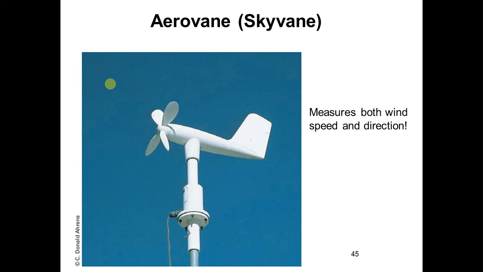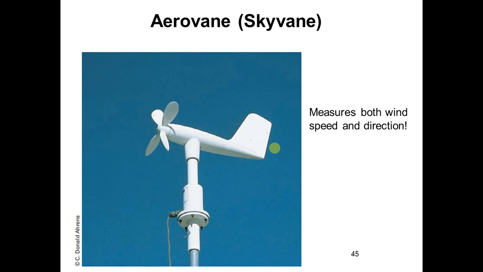It consists of a bladed propeller here that rotates at a rate proportional to the wind speed, like the cup anemometer. Its streamlined shape and a vertical fin help keep the blades facing into the wind. And when it's attached to a recorder that transmits information to a receiver, a continuous record of both wind speed and direction is obtained. It's basically a combination of an anemometer and a wind vane, all in one, right?